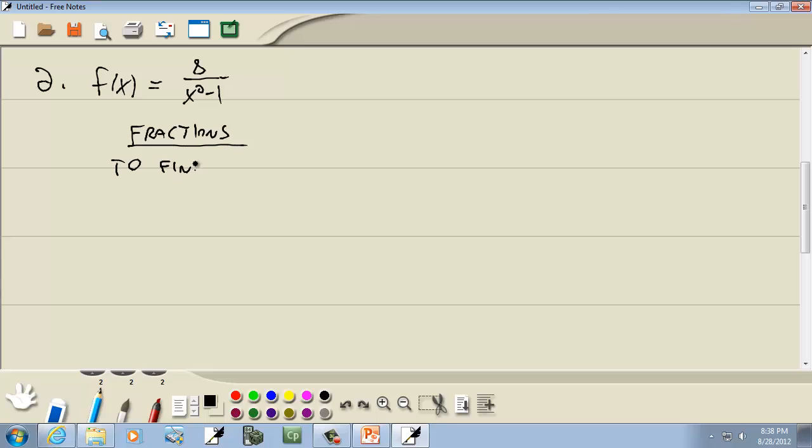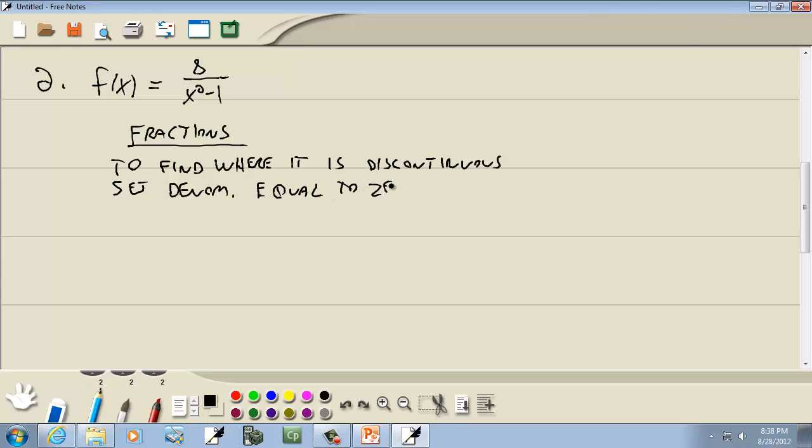To find where it is discontinuous, set the denominator equal to 0 and solve. So to find out where it's discontinuous, set the denominator equal to 0 and solve.